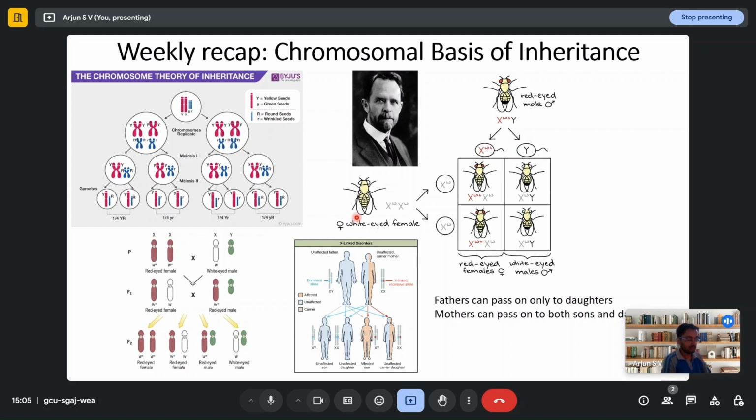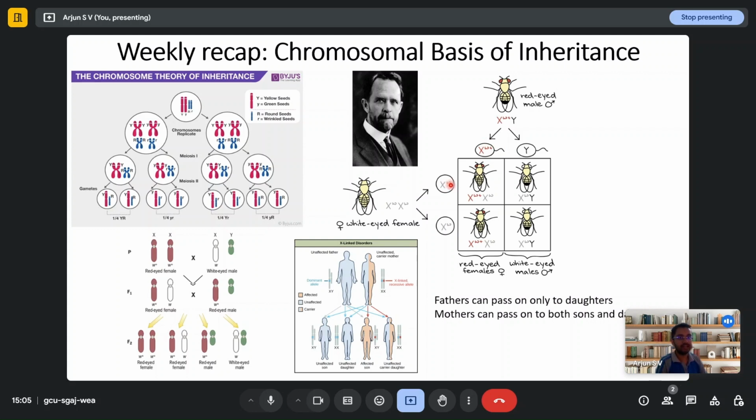So the most commonly found character in nature will be labeled as the wild type, and any deviation from this wild type will be called a mutant variant. So here they have a nomenclature for denoting wild type and mutant. So wild type can be denoted as W plus, and the mutant alleles will be denoted as W without any plus.